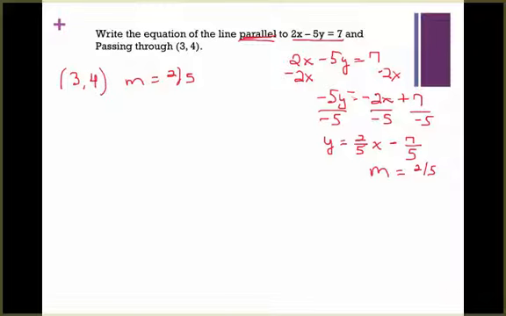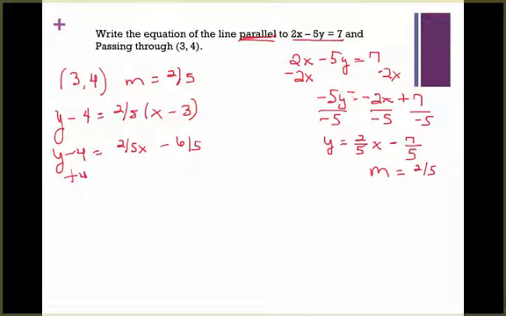And now let's go to our form. Y minus y1 equals m times x minus x1. So y minus 4 would be 2/5 x minus 6/5, just doing the distributive property. Then we want to add 4 to both sides. So y would equal 2/5 x.